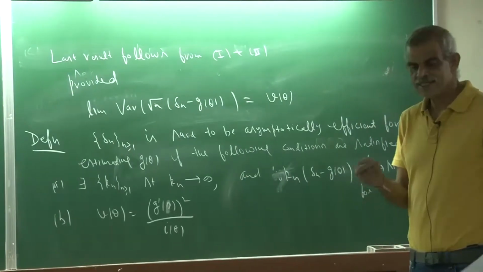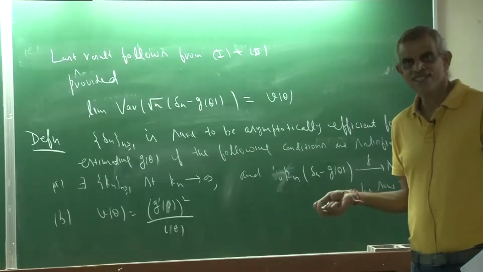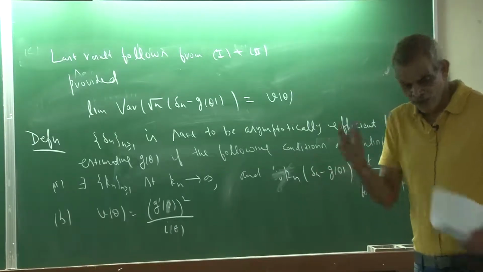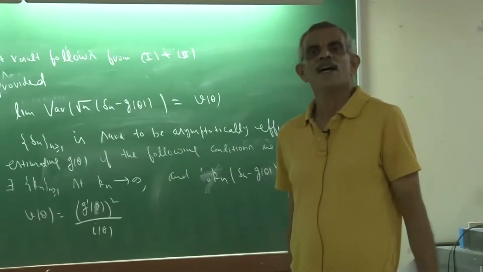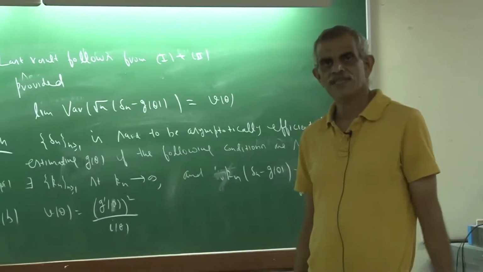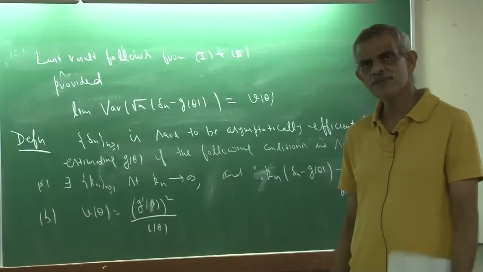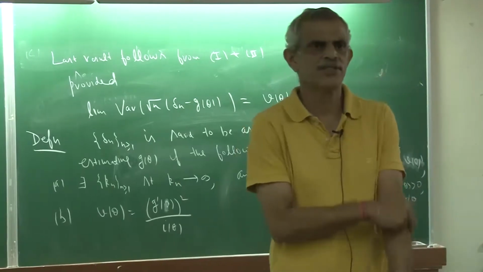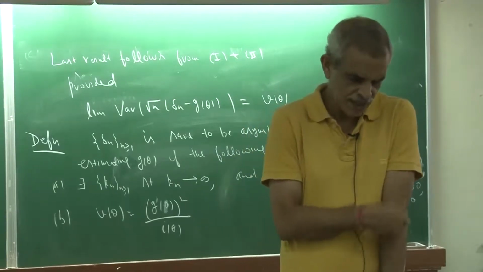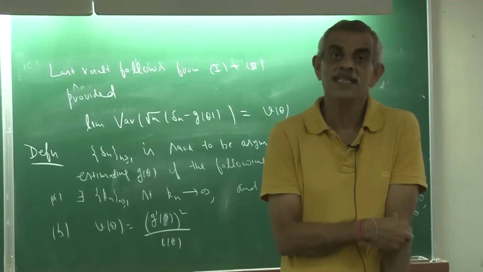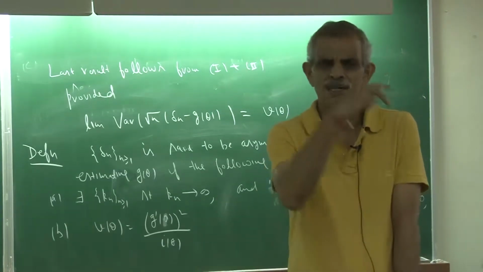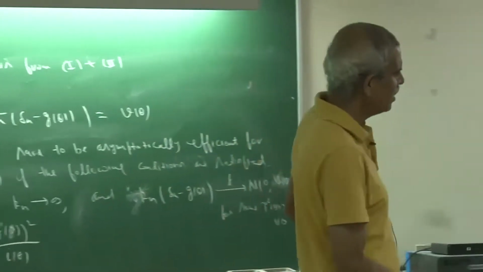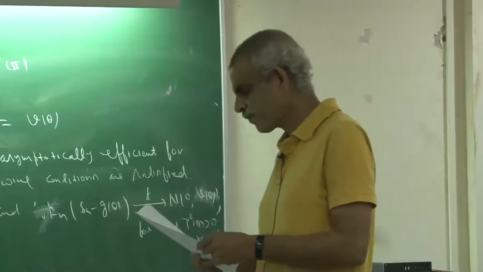Wherever you could find an estimator which attains the Cramer-Rao bound and those regularity conditions are satisfied, which always happens in the exponential family, you always say that you have got the uniformly minimum variance estimator. Similar thing can be said here, and for sure you are guaranteed the regularity conditions in exponential families. So Poisson, gamma, normal, all the nice distributions you can think of, this result is applicable.